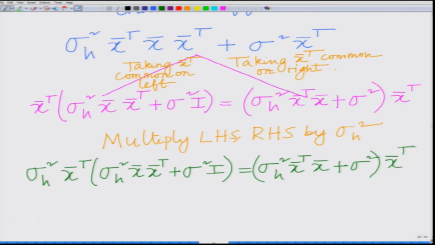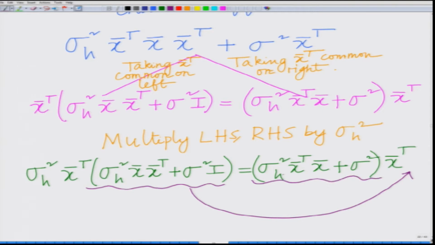Now what I am going to do is take the inverse of this quantity, bring this quantity onto the right. I am going to take the inverse of this quantity sigma h square x bar transpose x bar plus sigma square, bring this quantity onto the left over here.